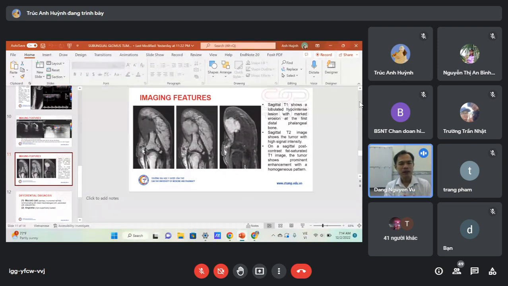So MRI should be done. Then you can see the T1, T2, and you need to give contrast. Whenever you administer contrast, the nodule will enhance strongly. It's similar to the Doppler signal, but you see the area of the nodular lesion enhancing quite strongly.